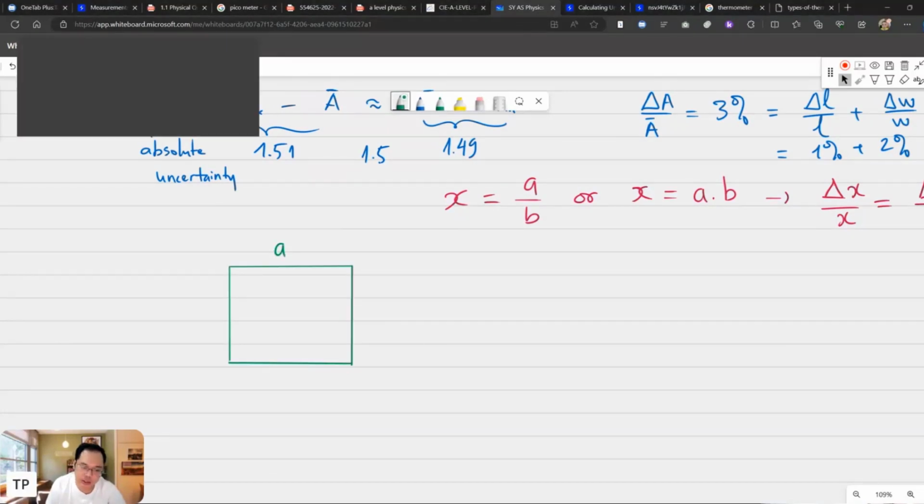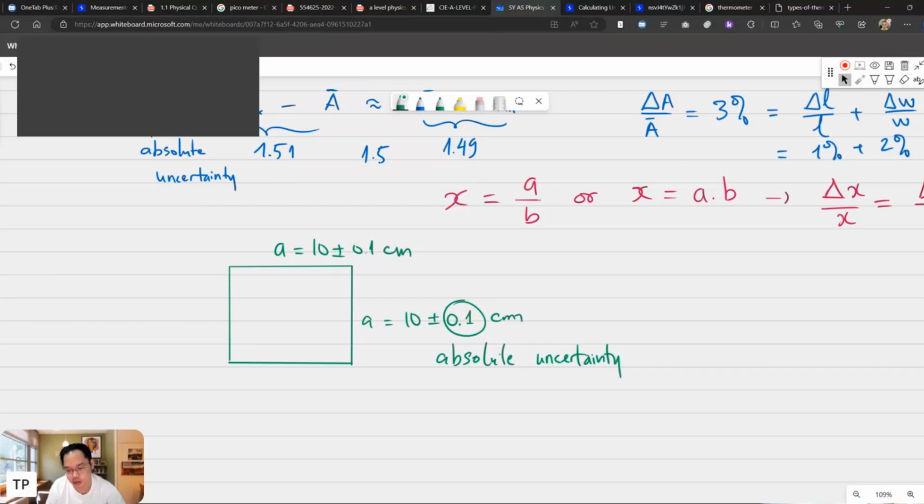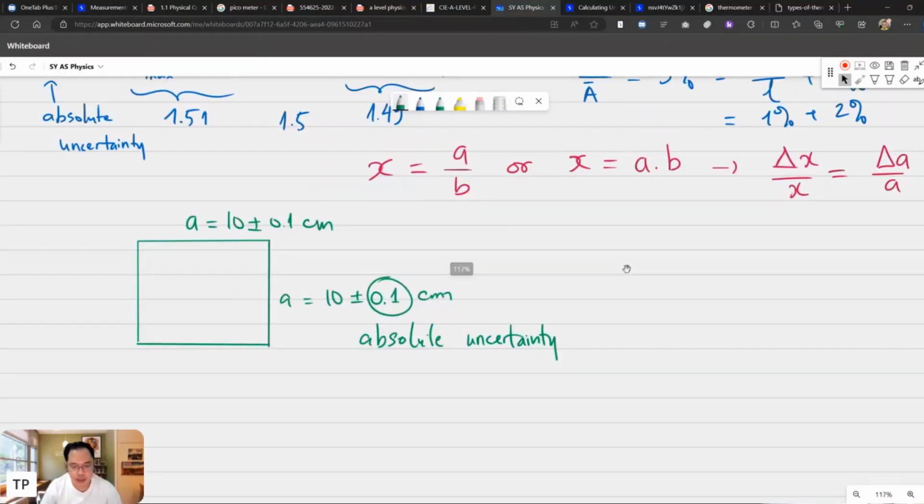Here is A, the width is also A. Let's take 10 centimeter plus or minus 0.1. The width is also the same, plus or minus 0.1. Plus or minus 0.1 here means the absolute uncertainty due to the tool, the ruler that we use to measure the length. So the area of this square is A times A, right? A square.